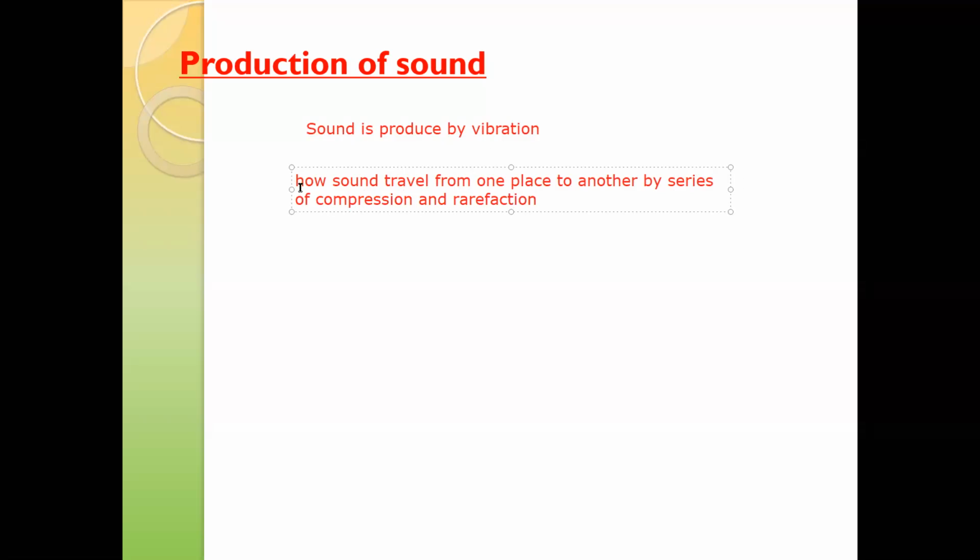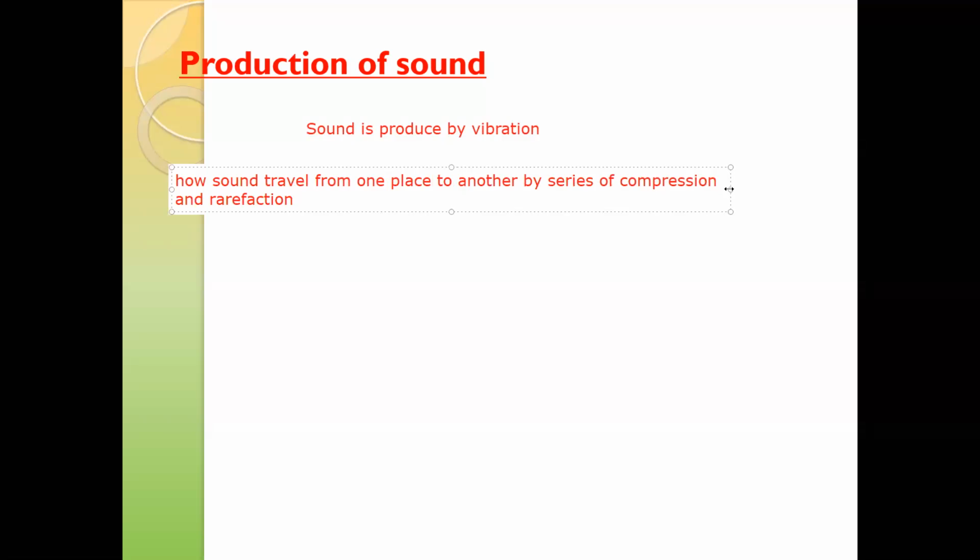Compression means the particles will be closer to each other, and rarefaction means the particles will be away from each other. In compression, the particles are closer, so pressure will be high. In rarefaction, the particles will be away and the pressure will be low.